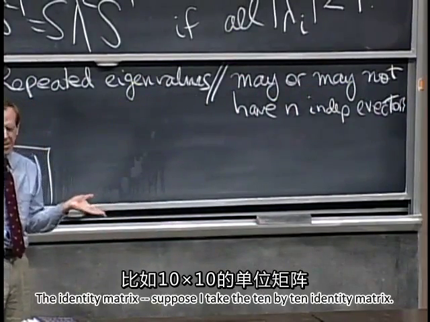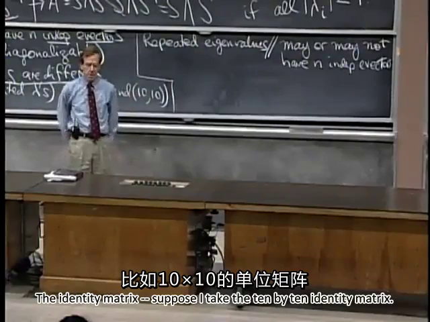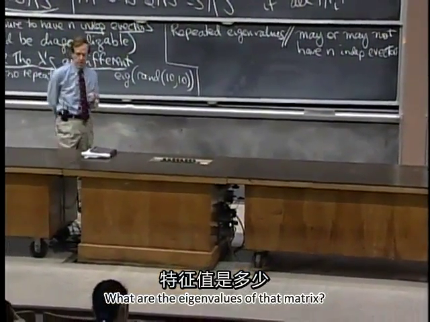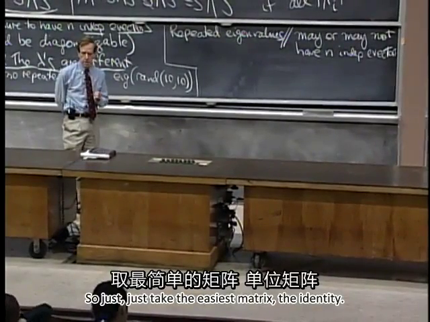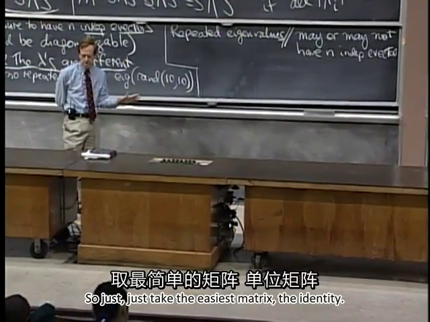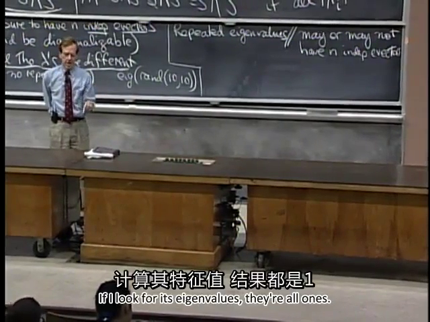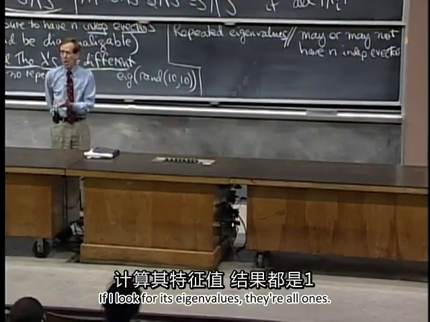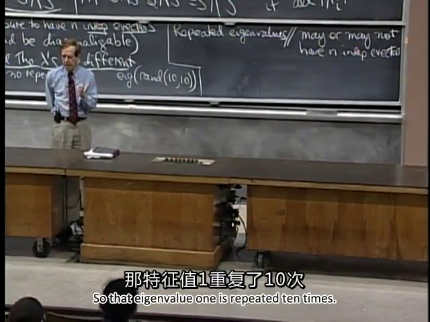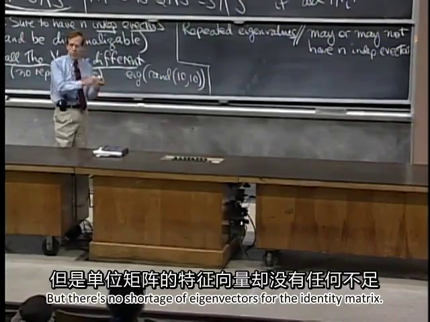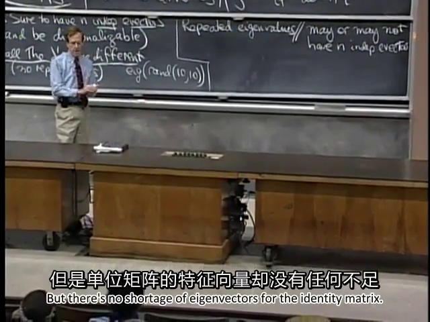The identity matrix. Well, suppose I take the 10 by 10 identity matrix. What are the eigenvalues of that matrix? So let's take the easiest matrix, the identity. If I look for its eigenvalues, they're all 1s. So that eigenvalue 1 is repeated 10 times. But there's no shortage of eigenvectors for the identity matrix.